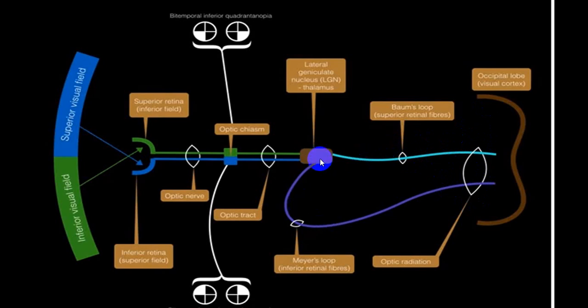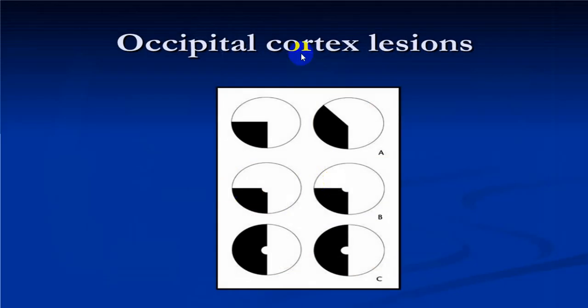This is the lateral geniculate body, this is the optic chiasma, and again in the optic chiasma, these are the superior fibers, these are inferior fibers, and I have shown you one diagram before also. So at the occipital cortex, you can get a quadrantic field loss with macular sparing as you go closer to the occipital cortex.